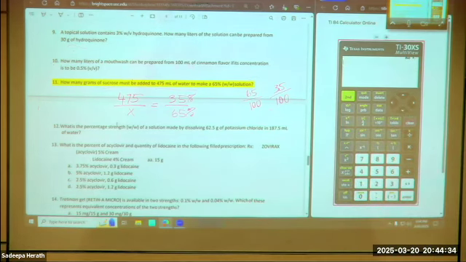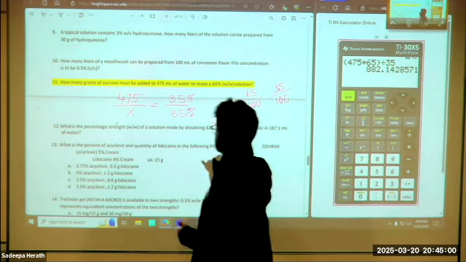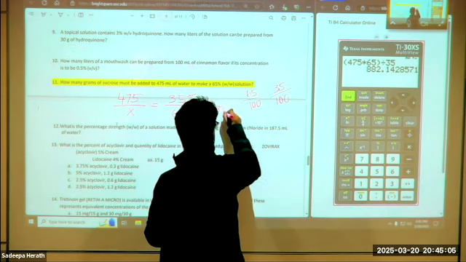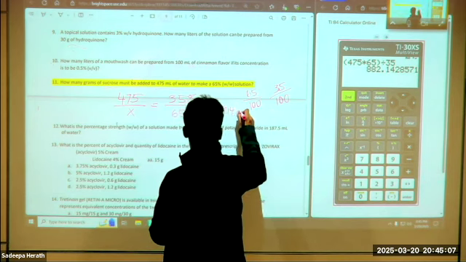So we can do 475 times 65 divided by 35. So that is 882.14. 882.14 grams.